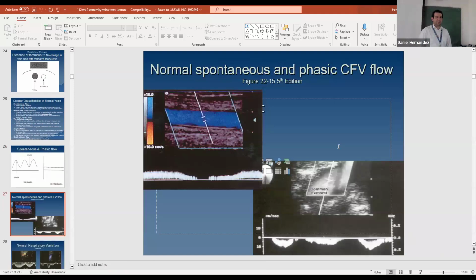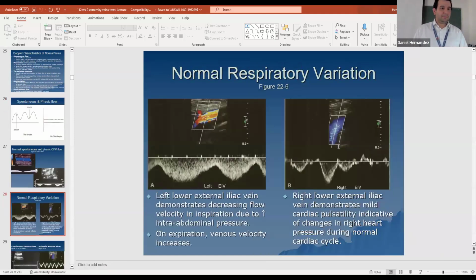Here we see good examples of normal spontaneous phasic flow in the common femoral, and normal respiratory variations. Again, the closer you get to the heart, the more pulsatility you'll get. The further away from the heart you are, the less pulsatility you'll get.